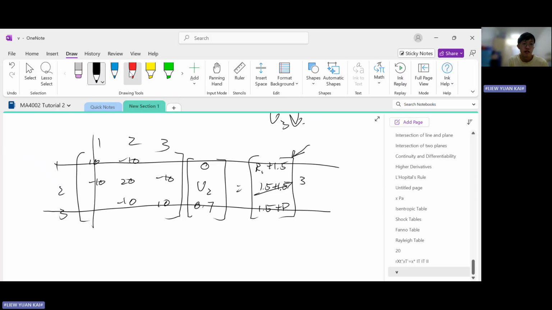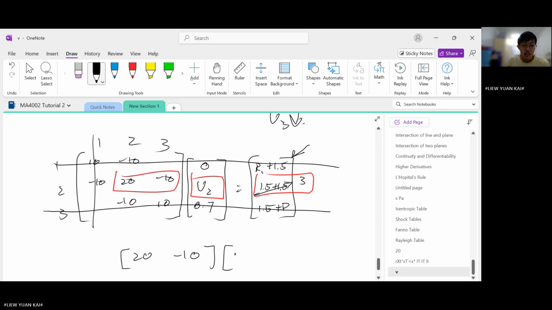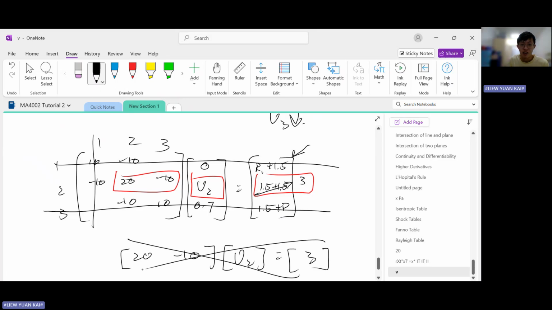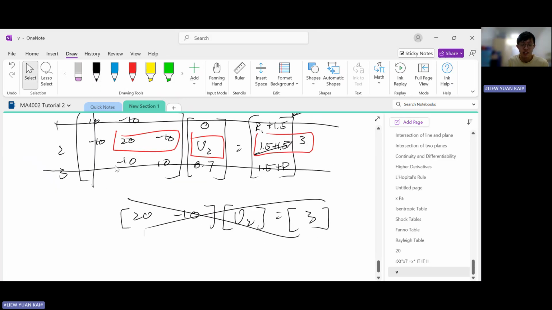So what you see that's not cancelled is this, this, and this. You might think to yourself, well, isn't the reduced equation 20 minus 10 u2 and 3? And the answer is no. This is not the correct reduced equilibrium equation.